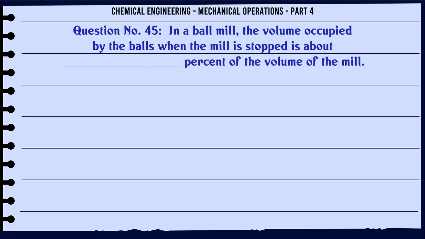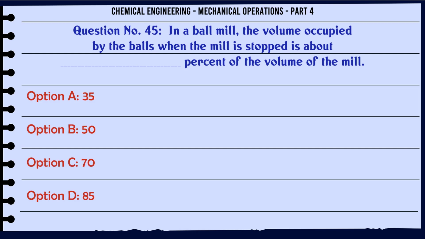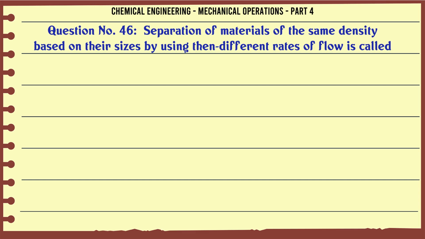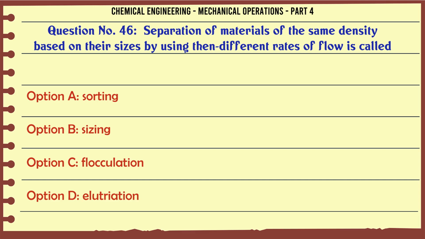In a ball mill, the volume occupied by the balls when the mill is stopped is about % of the volume of the mill. A. 35, B. 50, C. 70, D. 85. The correct answer is 50. Separation of materials of the same density based on their sizes by using their different rates of flow is called A. sorting, B. sizing, C. flocculation, D. ultrafine.